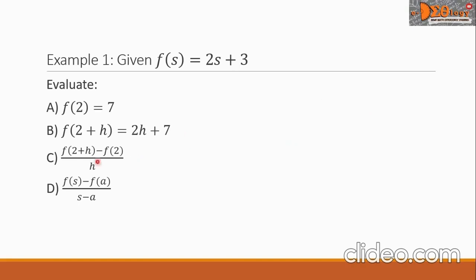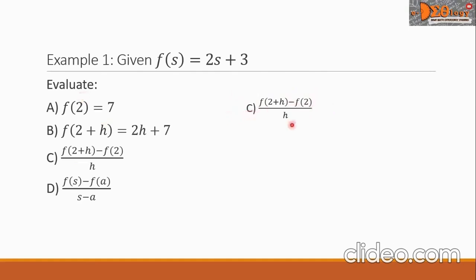Then let's go to letter C. Let us simplify the fraction. The numerator is f of 2 plus h minus f of 2, all over h. I hope you notice that the first function here is our function b, and the second function f of 2 is our first function a.